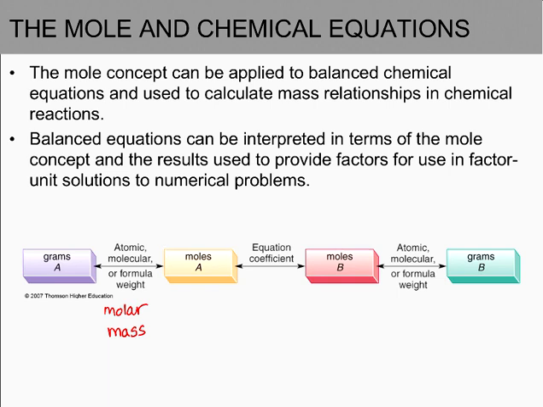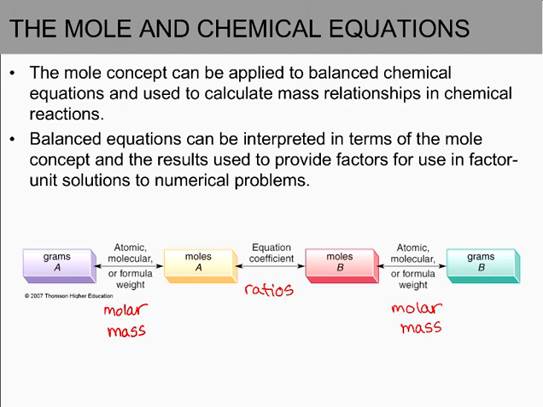And then once we have the moles of substance A, we can convert that to moles of another substance that we're interested in using equation coefficients or ratios. And then once we have moles of B, our other substance, we can convert that to grams using the molar mass of B. So we're going to use this flow chart a lot today.